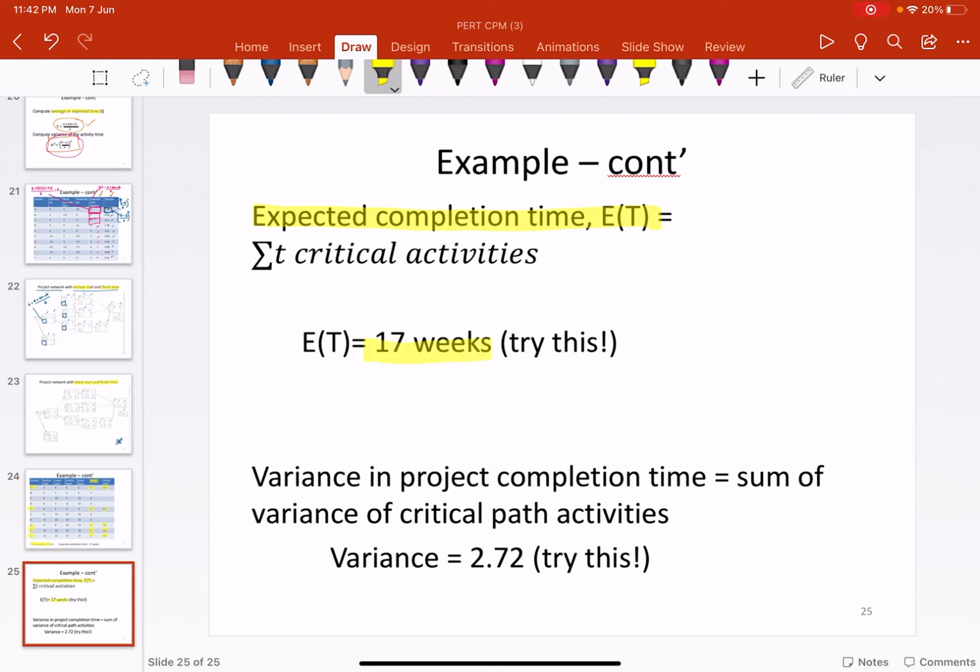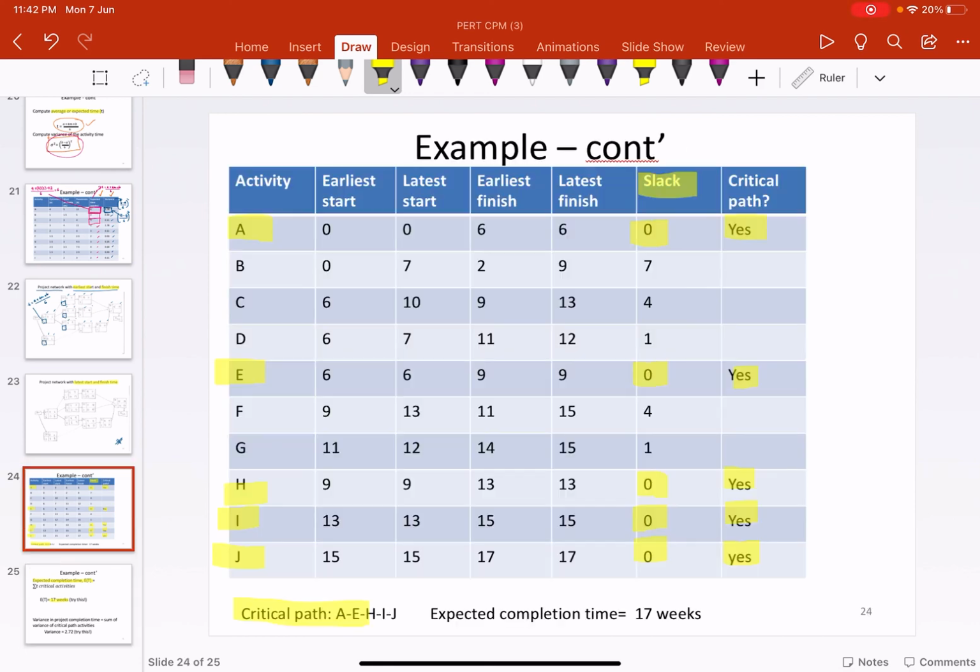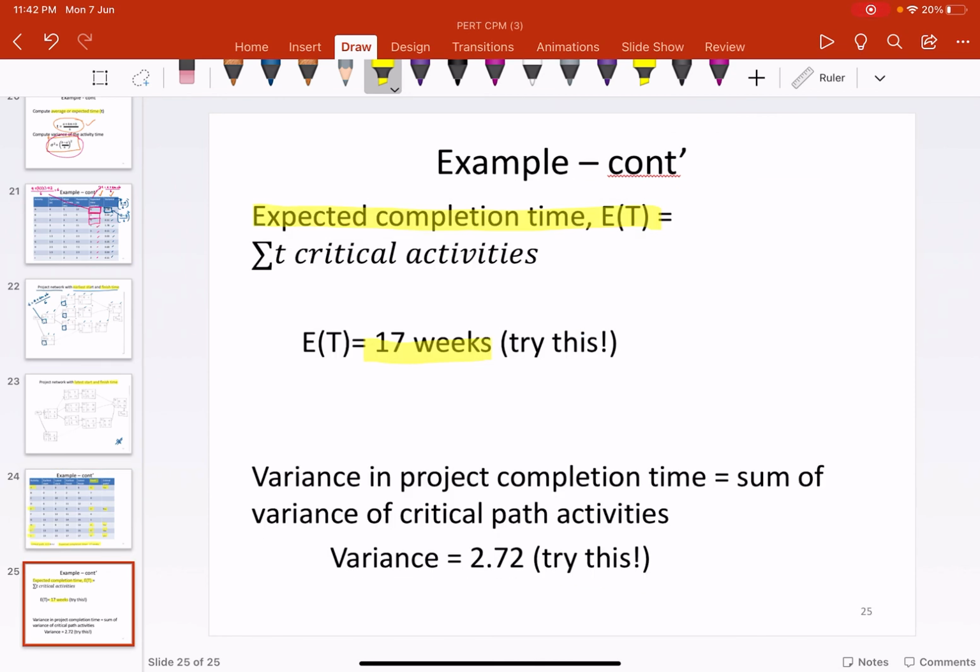How you get this is by adding up the durations for all the critical path activities, A, E, H, I, J. That is how you get the expected completion time, in which you will have 17 for this example, which you need to try.